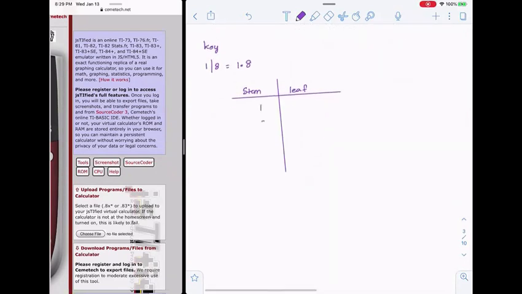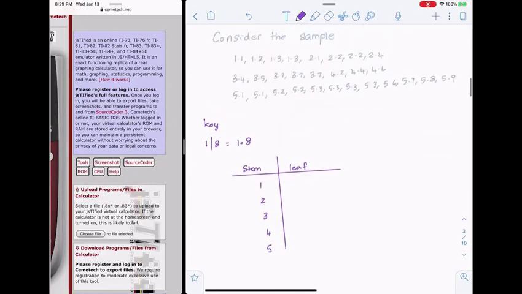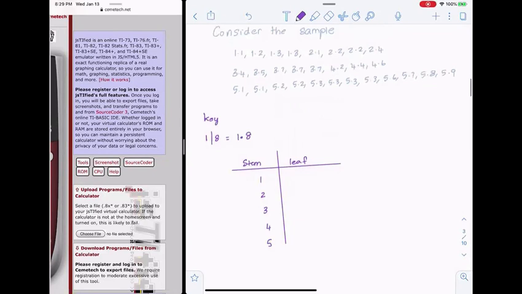So 1, 2, 3, 4, 5. The key suggests 1 vertical dash 8 would mean 1.8. So I have 1.1, so 1, 1, 1.2, 1.3, another 1.3. So I have the first stem and leaves written out.